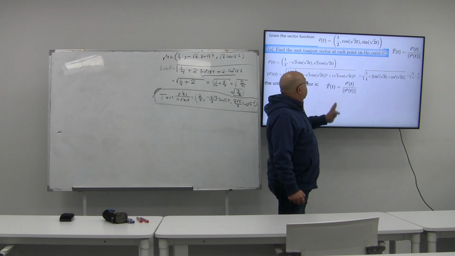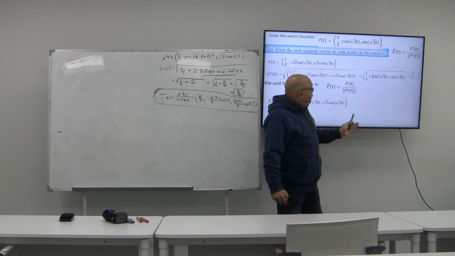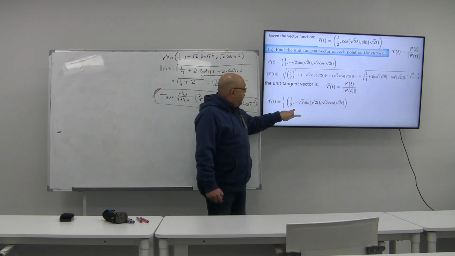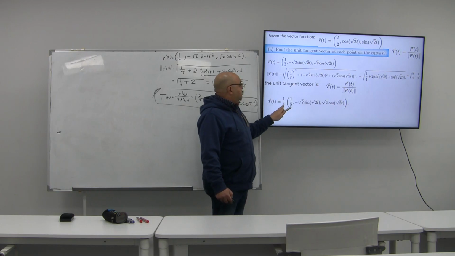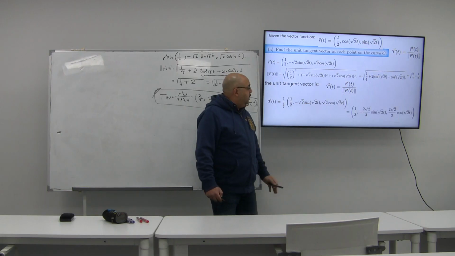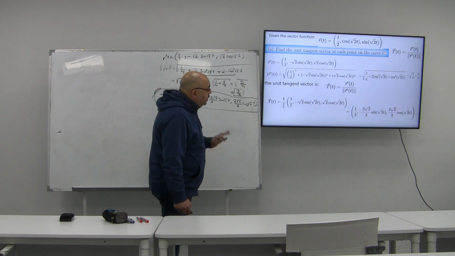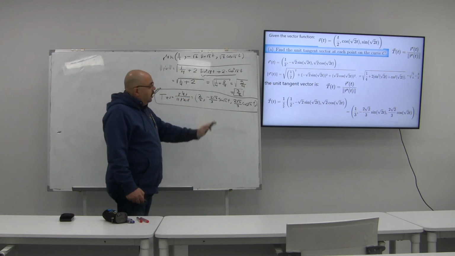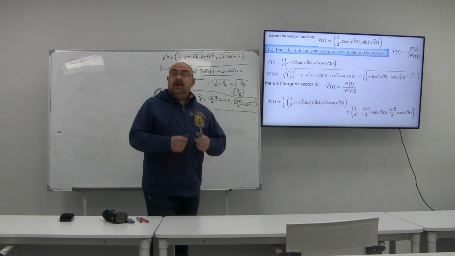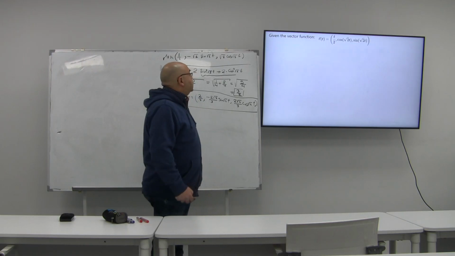So all I have to do is divide the vector function for the derivative by its magnitude, so it's this times 1 over 3 over 2. Of course, the denominator is a denominator, which is why I multiply by 2 over 3, and this is the final result. See, simple, but it still needs you to focus on all of this.